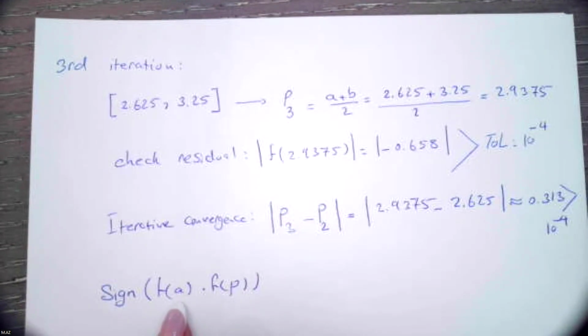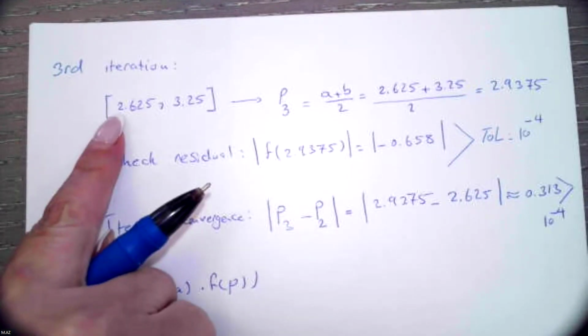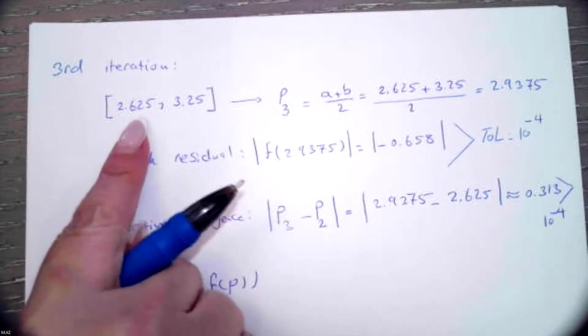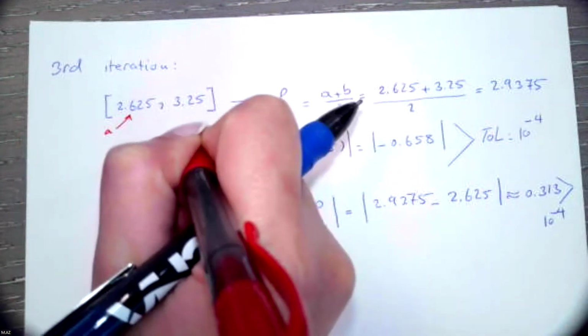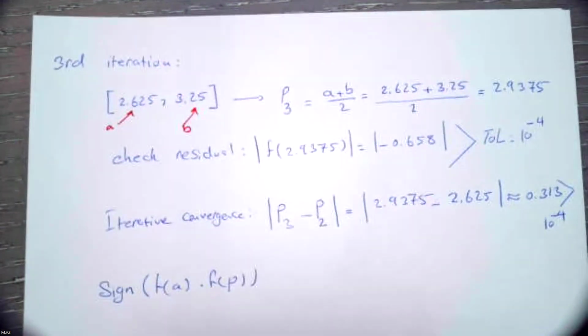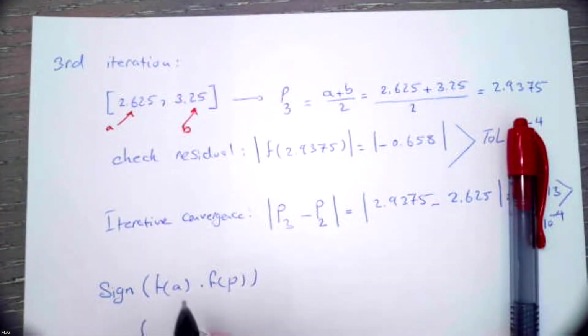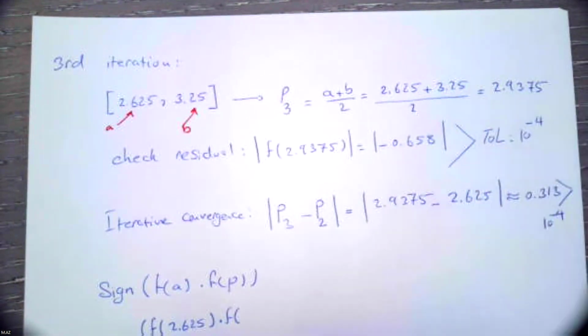What is the point A for this iteration? For this iteration, this is A and this is B. The value of the function at 2.625 and the value of the function at this midpoint.